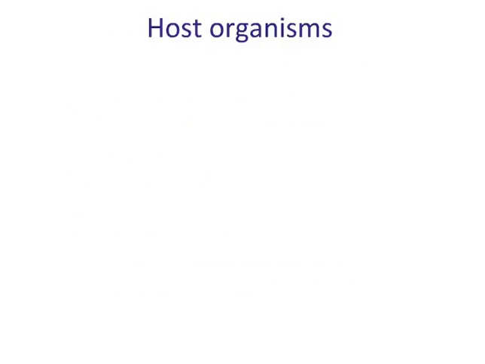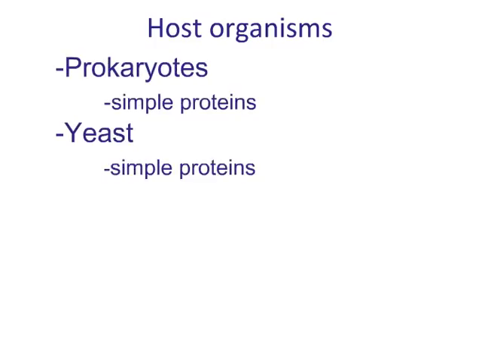Small proteins, such as insulin, or proteins that retain activity in the absence of significant post-translational modification, can be expressed in simple prokaryotic or eukaryotic organisms like E. coli and yeast. However, proteins requiring post-translational modifications for activity have to be expressed in more complex, higher organisms to produce a biologically active product.